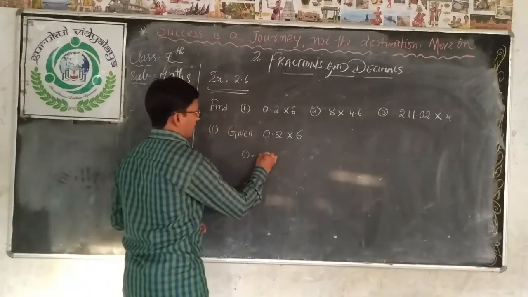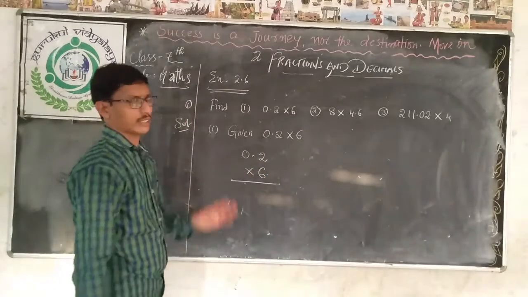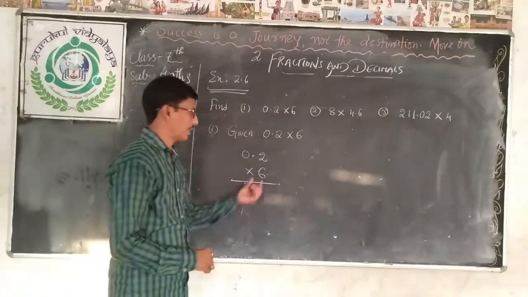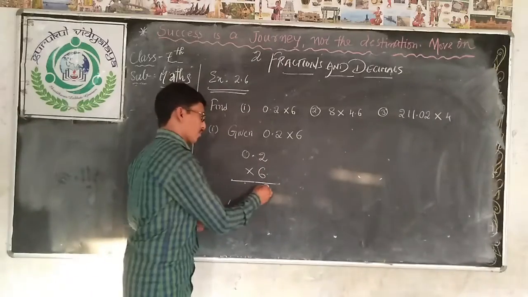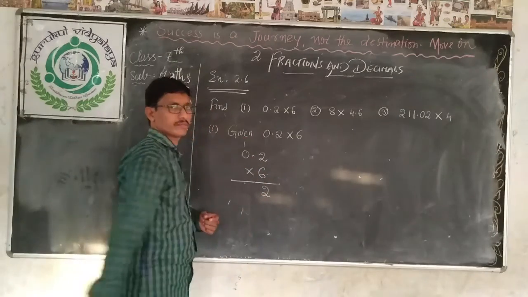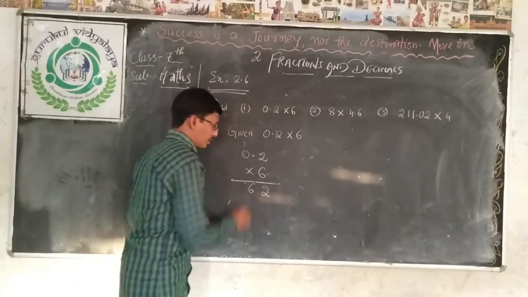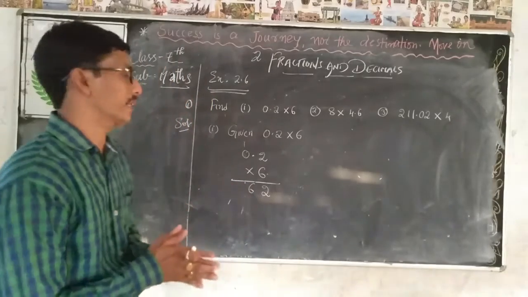0.2 into 6, if I multiply it directly, first don't bother about the point. Directly multiply 2 with 6. 6 2s are 12, so 2 and 1 carried. Again 6 zeros are 0, 6 1s are 6. Now where do we have to keep the decimal point?